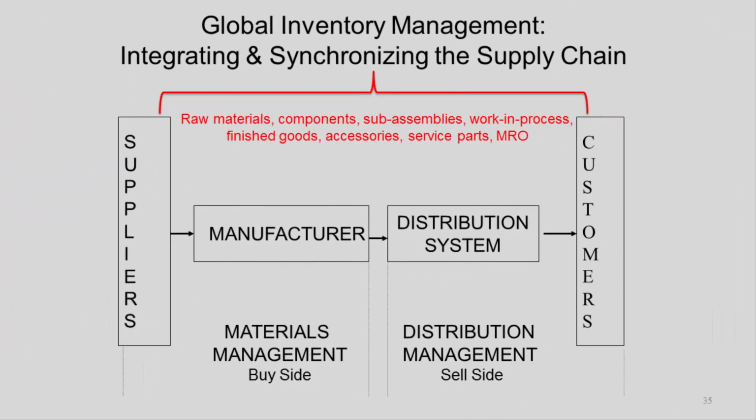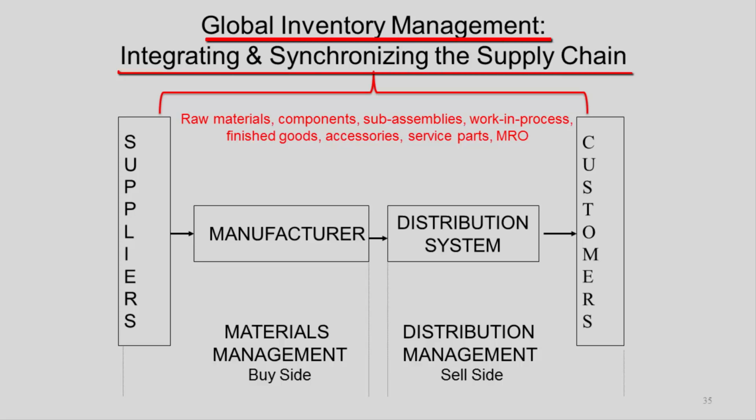So we've seen this slide a couple of times, so no real need to go over it in too much detail. But the point, as you see in red with the upper bracket there, is that global inventory management is about the integration and synchronization of the supply chain.